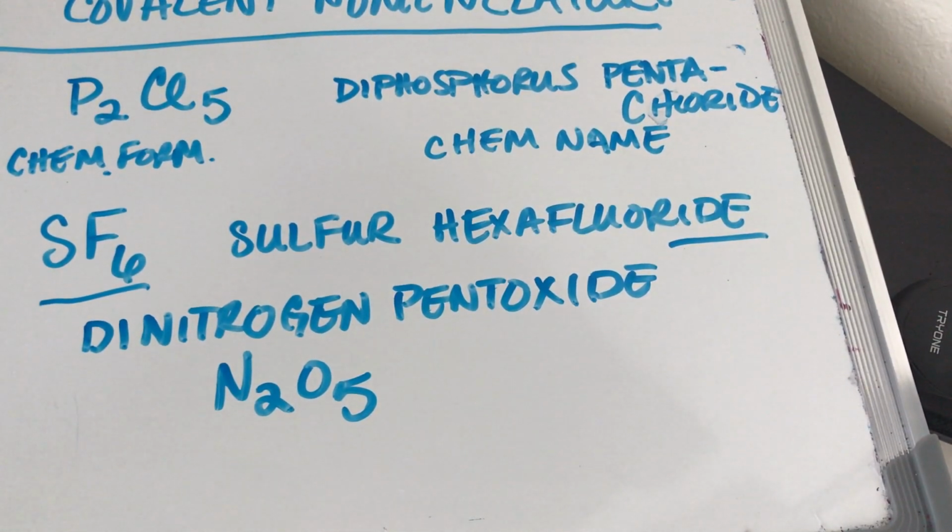Right? So again, assuming you know what these prefixes mean, the names here are pretty straightforward, especially compared to ionic nomenclature, which I think is kind of a pain in the A. I feel like covalents are a little bit easier. Should we do another example? Yes, please.